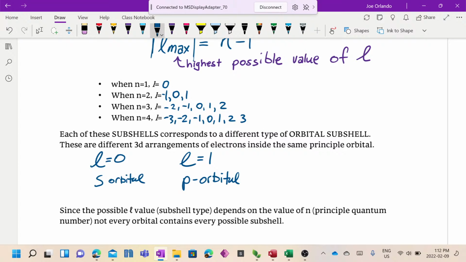We'll correct it in a minute. When L equals 2, we call this a d orbital. And when L equals 3, we call this an f orbital. Now, don't worry about those names yet, because you're going to remember them just fine moving forward.